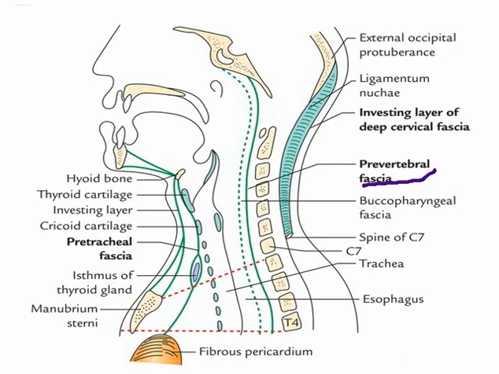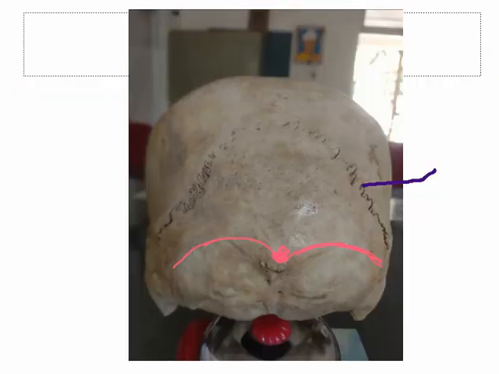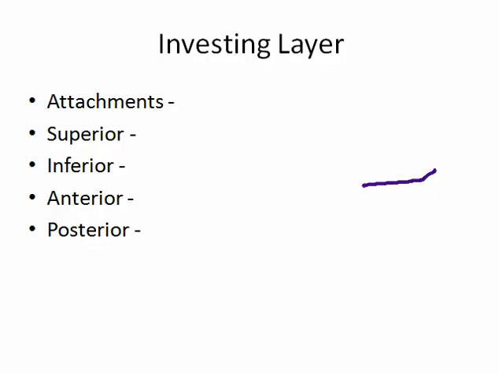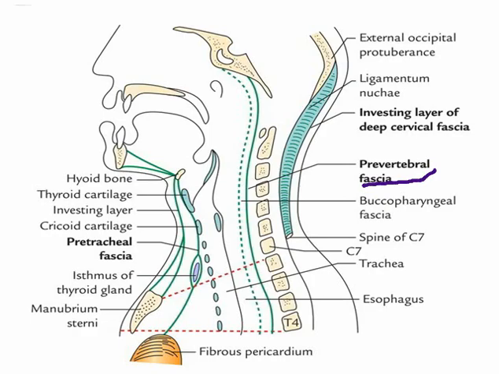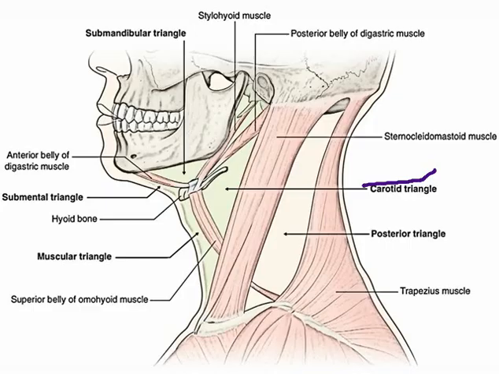So if we imagine the vertebral column and the prevertebral muscles, in front of them, covering the superficial part of the prevertebral muscles, we have this fascia.